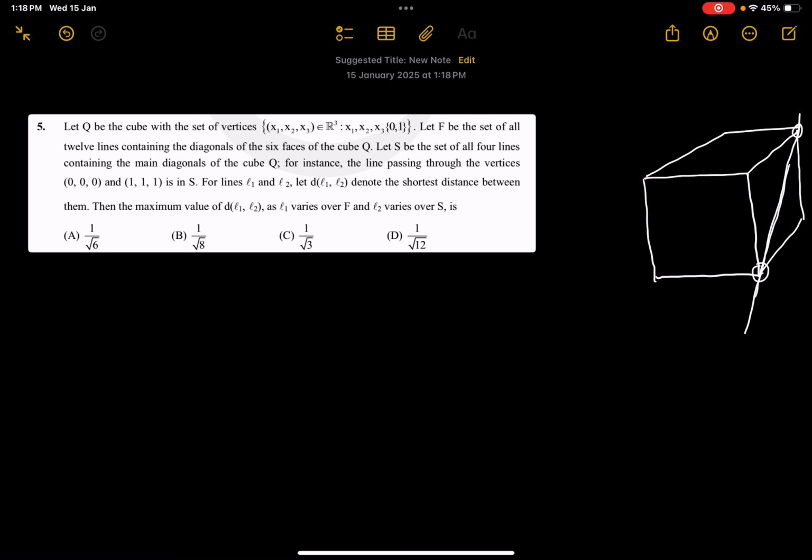So let's say this is the x-axis and this is the y-axis, this is the z-axis, makes the coordinate of this point 1, 0, 0. This is 1, 1, 1. And we'll choose the body diagonal which passes through these two vertices.